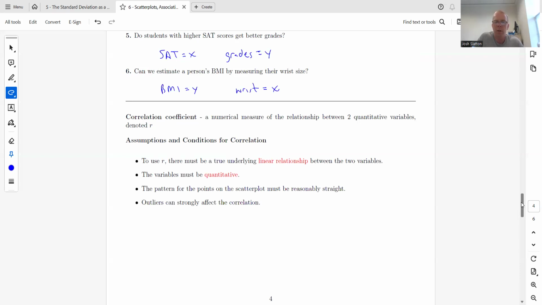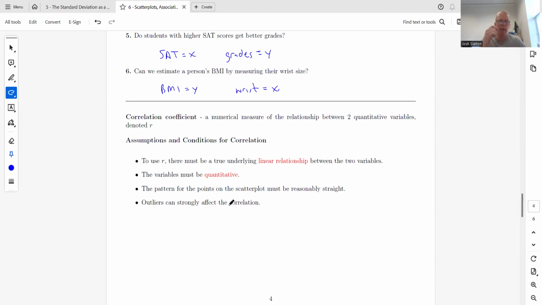So to use R, there must be a true underlying linear relationship. So this only works with linear relationships. It doesn't work if it's curved, it doesn't work if it's a parabola type relationship. Variables must be quantitative, so we cannot do this with categorical variables. The pattern for the scatter plot must be reasonably straight, and outliers can strongly affect the correlation.